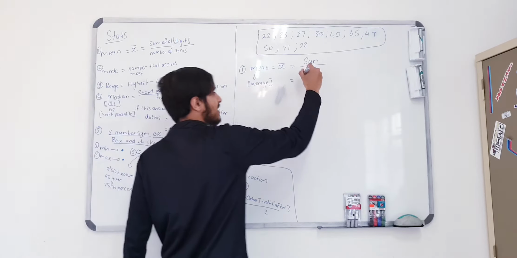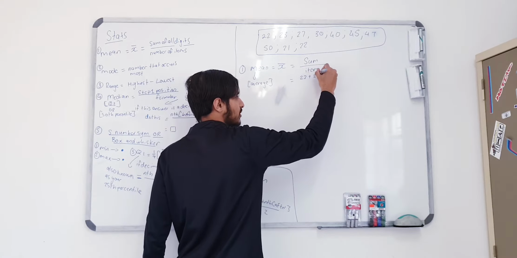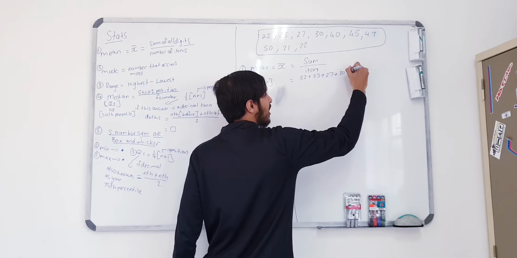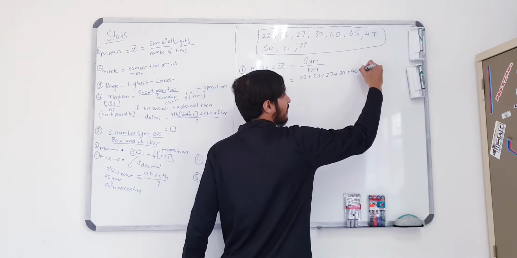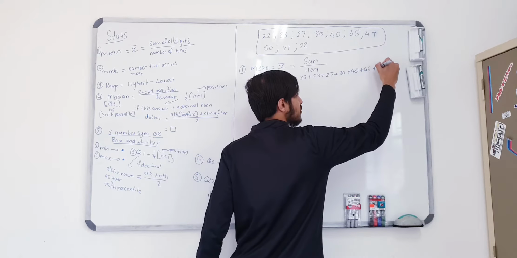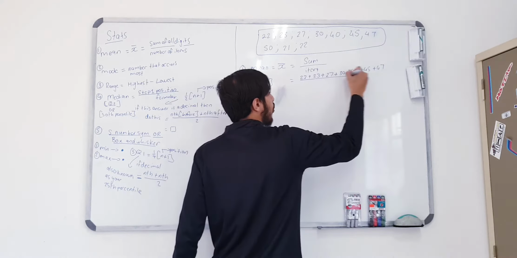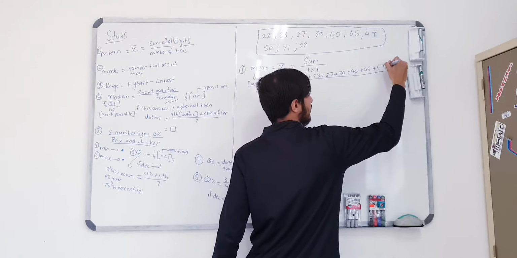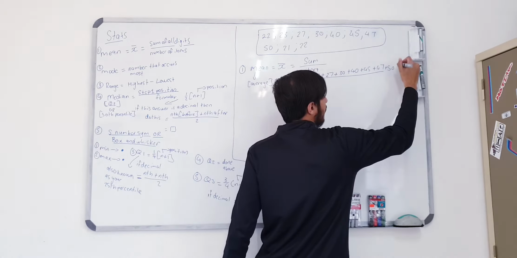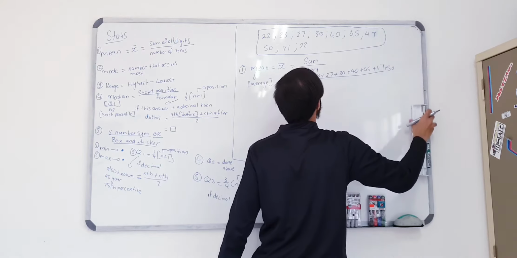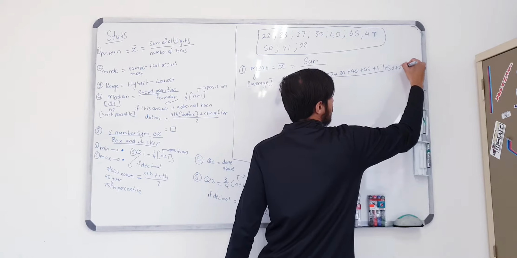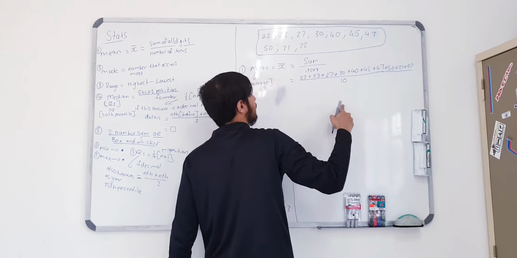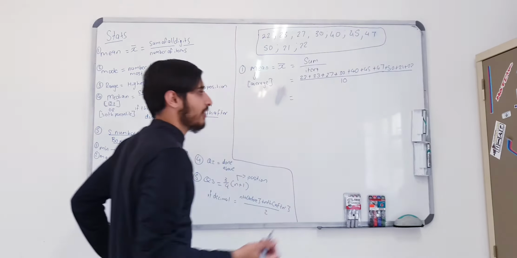Do you agree my sum will be 22 plus 23 plus 27 plus 30 plus 40 plus 45 plus 47 plus 50 plus 21 plus 22, divided by 10? And that will give you your final answer.